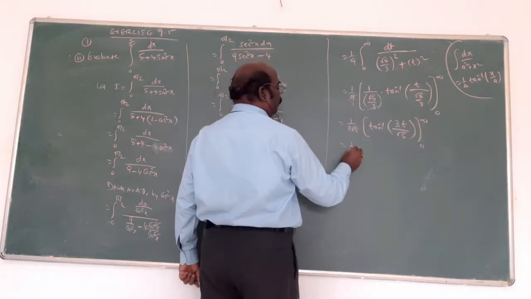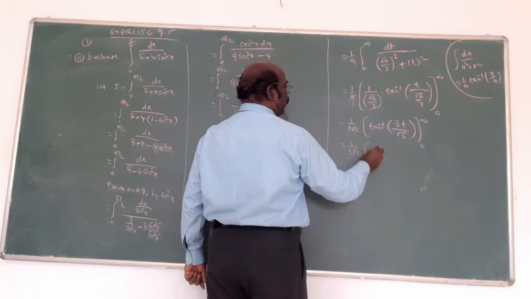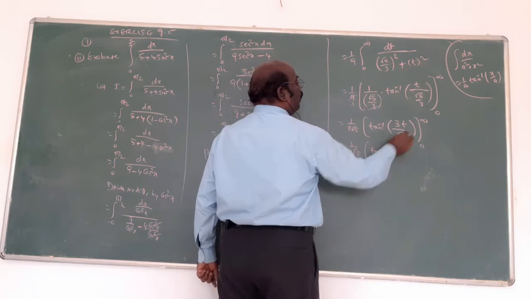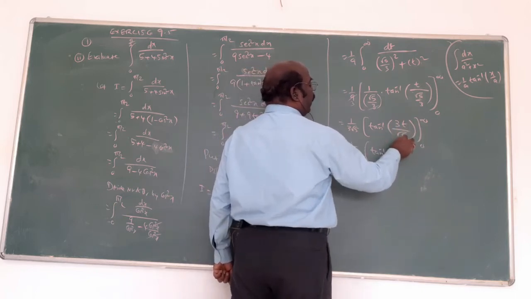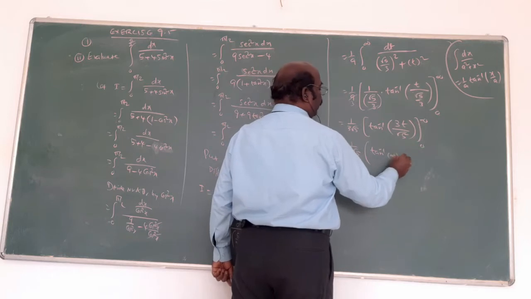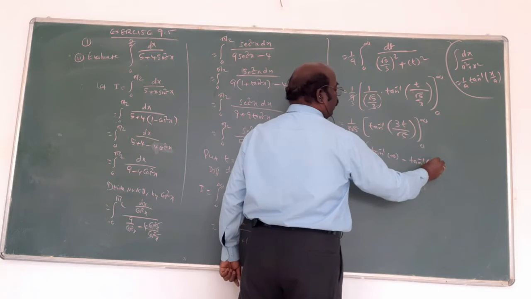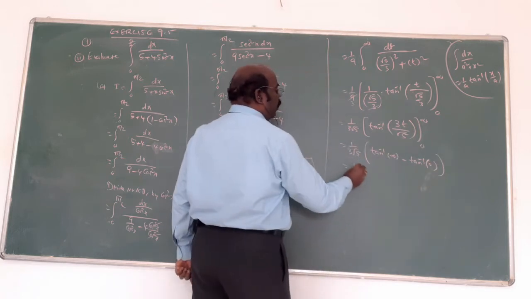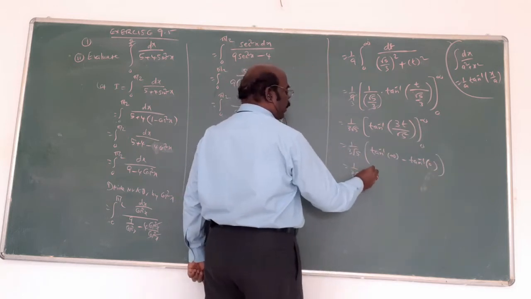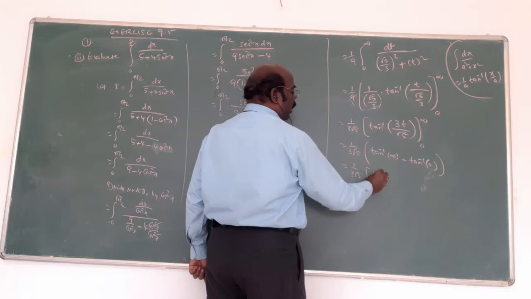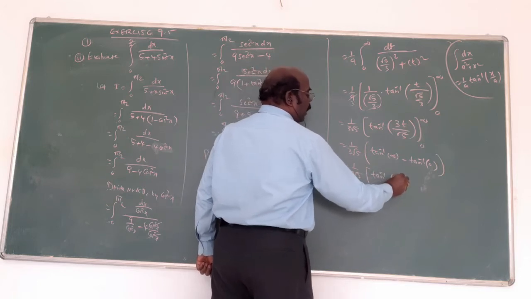Now apply the values. What is the value? Tan inverse of 3 into infinity by root 5 is infinity only. Tan inverse of 3 into 0 is 0 only. Again 1 by 3 root 5. Tan inverse of infinity is what?